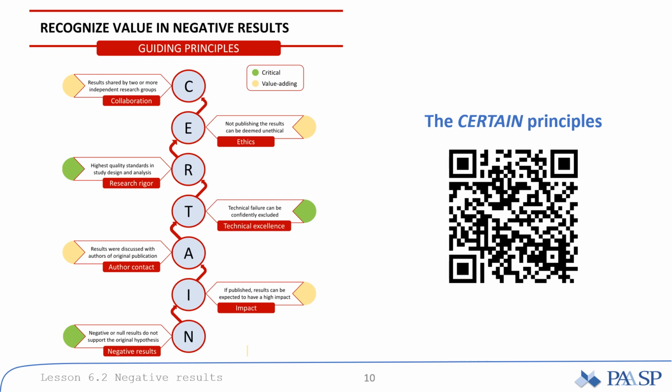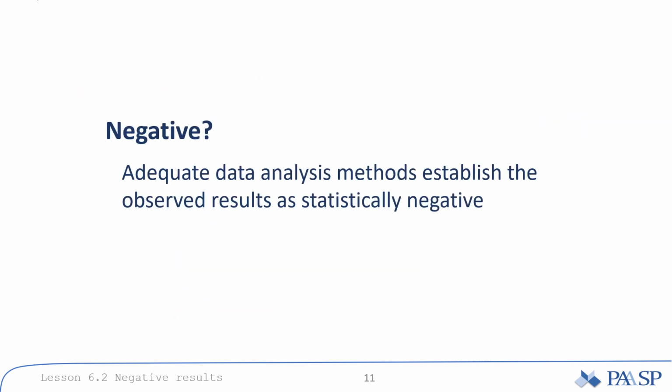There is often a lot of value in negative results, and certain principles have been developed to help scientists decide when it makes sense to invest efforts despite anticipated negative feedback from our peers or supervisors. A decision can be made in 3 steps. First, one has to answer the question as to whether the observed pattern of results can indeed be presented as negative.